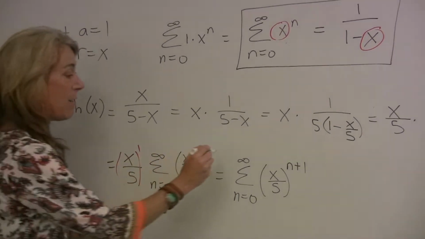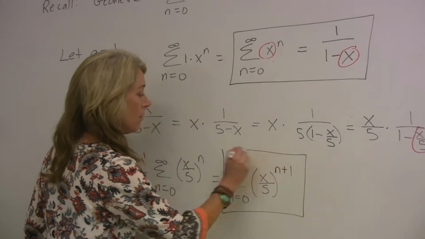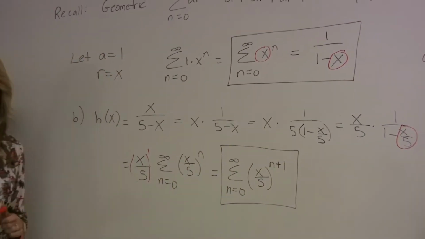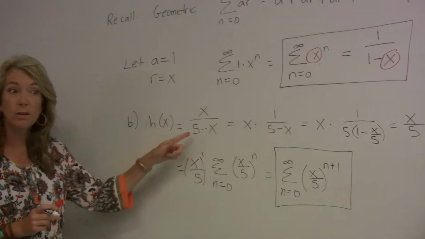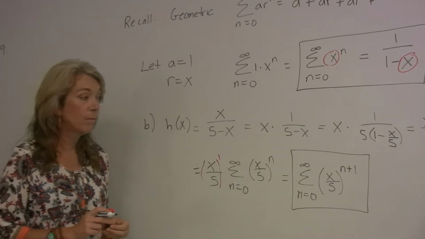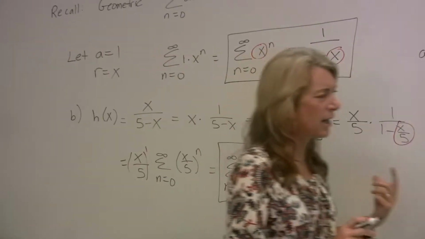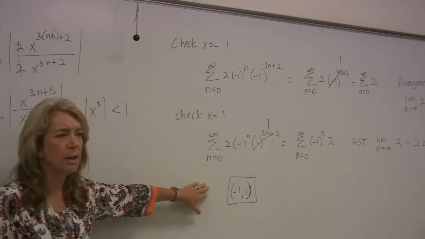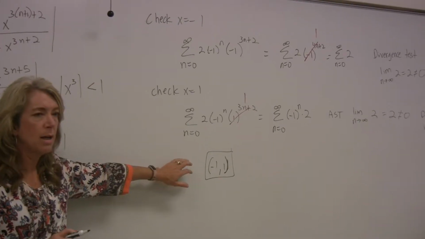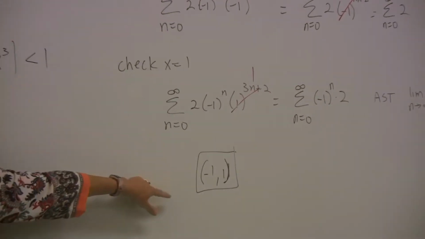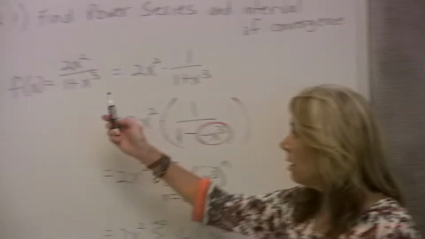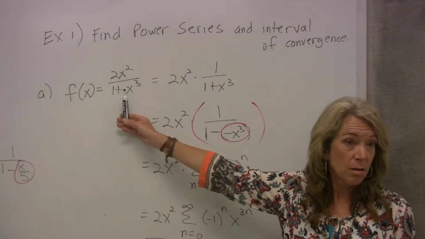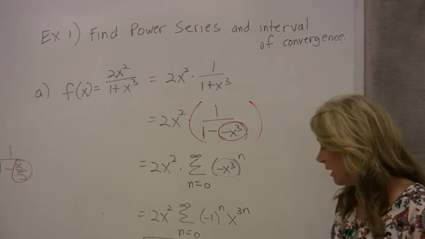So this is my power series. This is the series that for some values of x is the same as this function. Before I finish that, I didn't follow up with what this tells us. When we found our interval over here between -1 and 1, this tells me that if you pick any x value in that range, you plug it into this function, it's the same as plugging into this series.